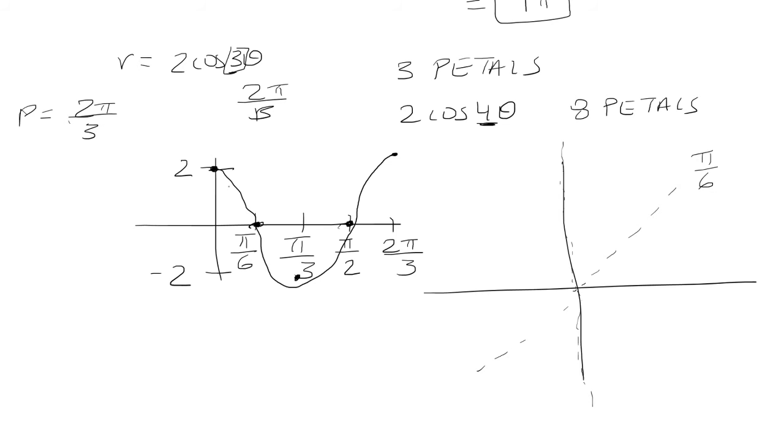Now let's start here. So when theta is 0, r is 2. When theta is pi over 6, we're at 0. So what happens in between 0 and pi over 6? Well, my angle increases, so I'm going this way, but r decreases.